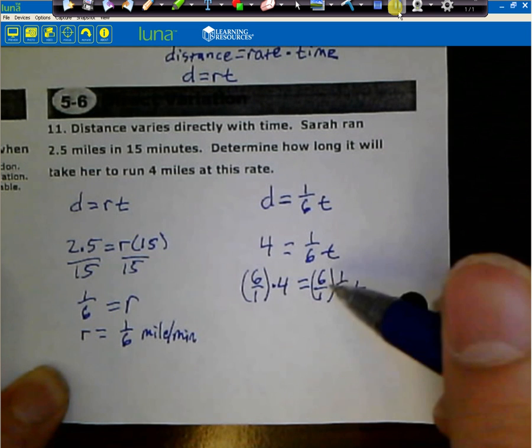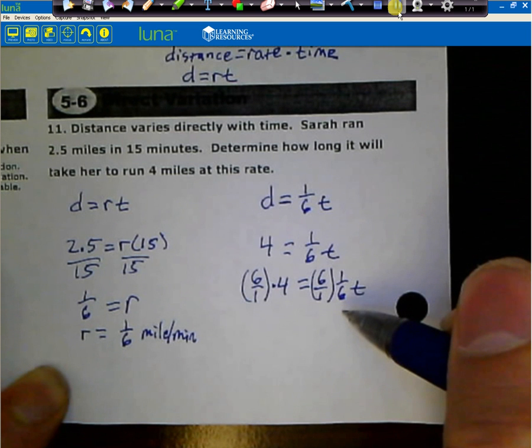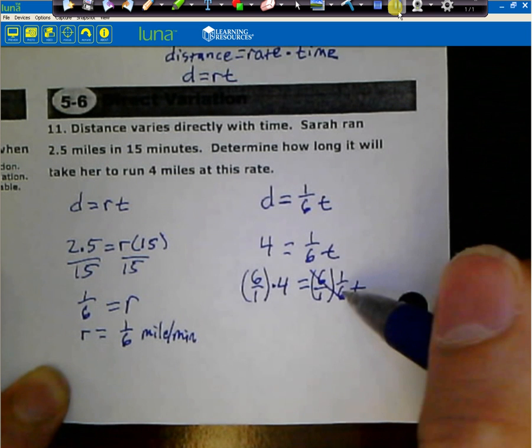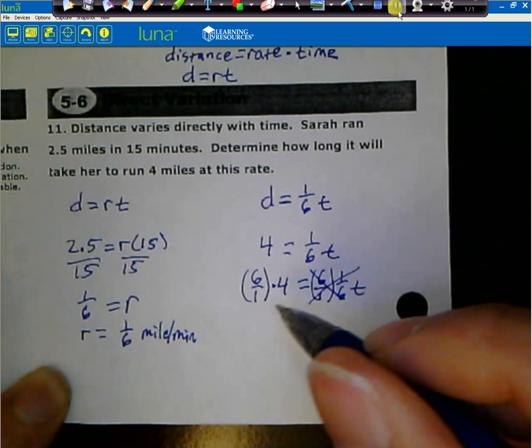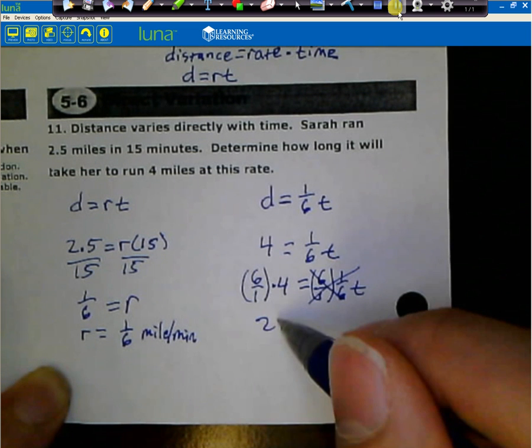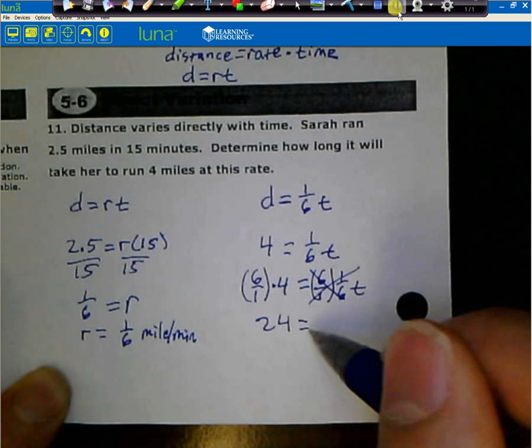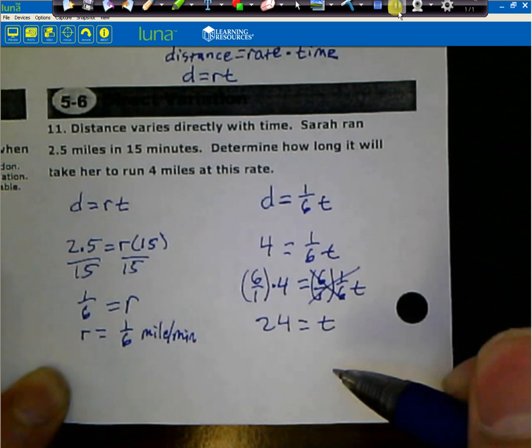When I multiply that right side by its reciprocal, these fractions cancel. That was the whole point. So 6/1 times 4, that gives me 24. 24 equals T.